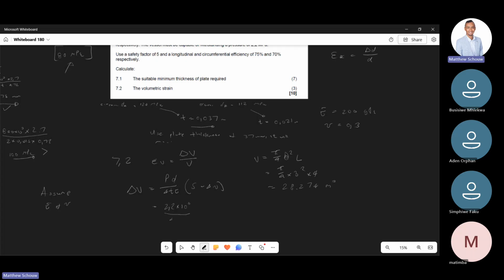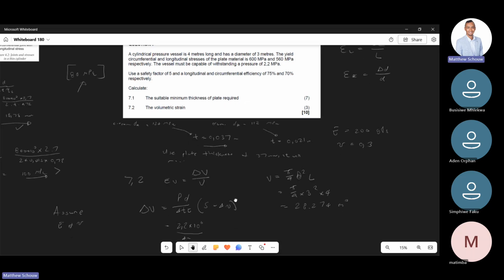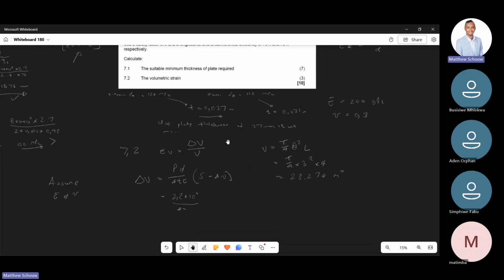Thickness must be the thickness we've got here, which is 0.037, times 200 to the power 9, and 5 minus 4 times 0.3.